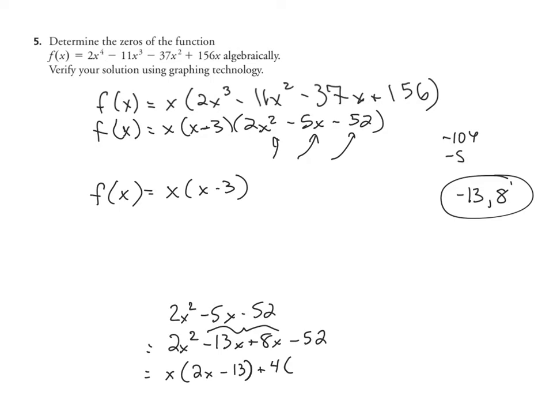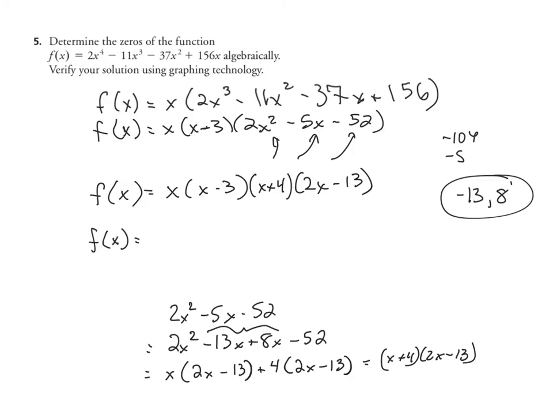And you got 2x minus 13, and so that is equal to x plus 4 times 2x minus 13. So this is x plus 4, 2x minus 13. I might as well do the thing that I like the best.